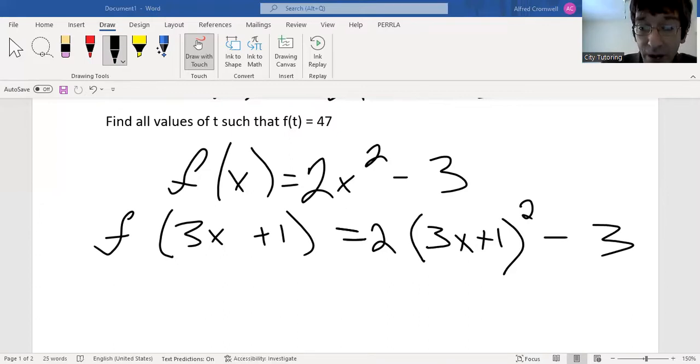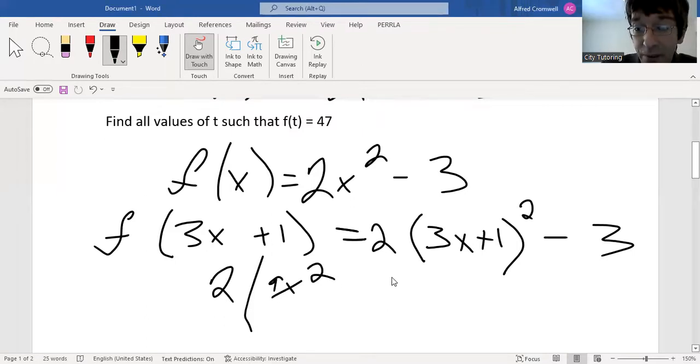That means 3x times 3x, which is 9x squared. So now you have 2 parentheses, 9x squared plus 2 times the 3x, which gives you 6x. And the 1 squared is just 1, so that's plus 1. Minus 3.